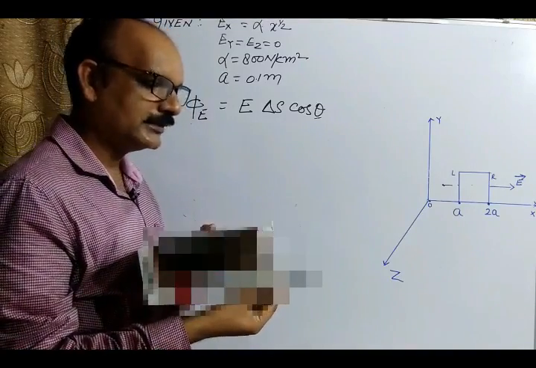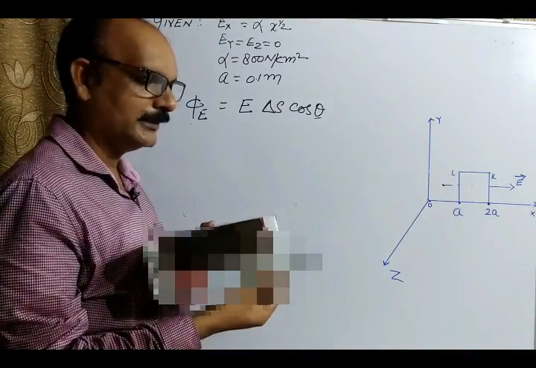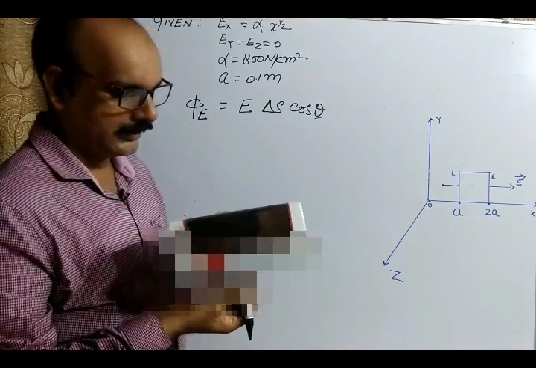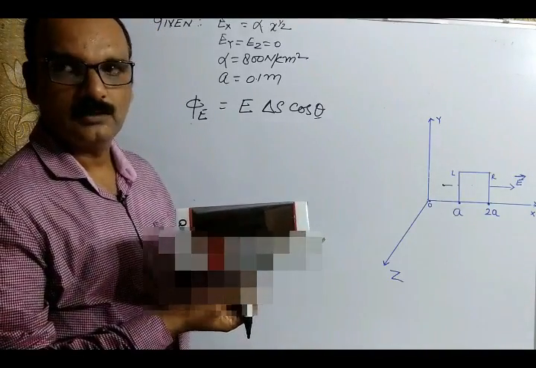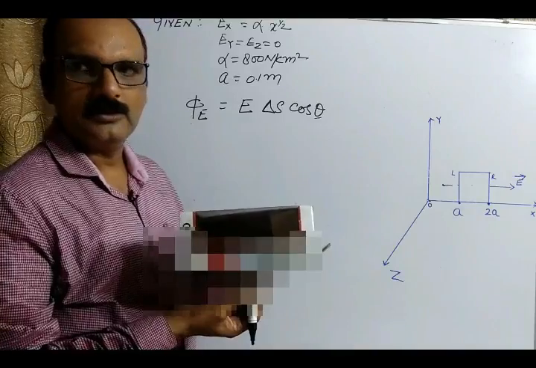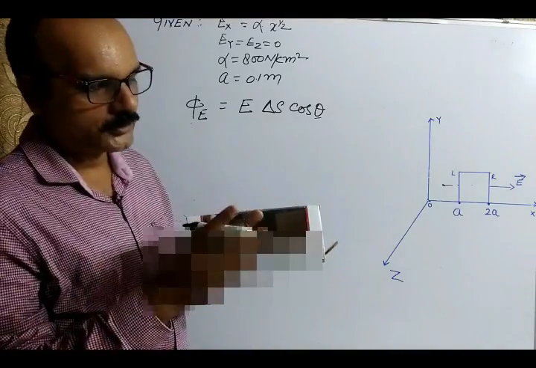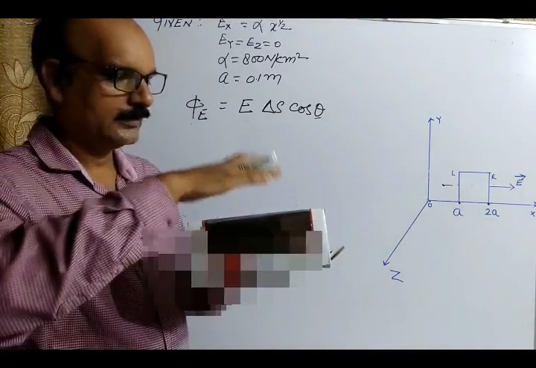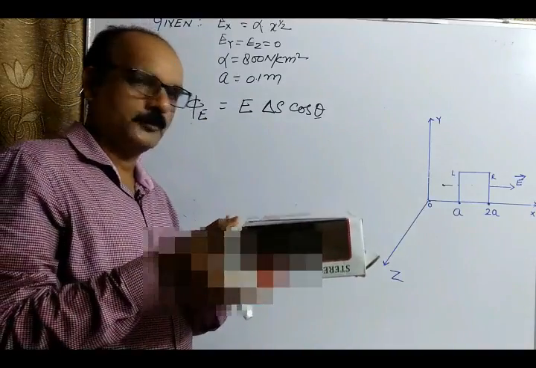For this surface, again, electric field in this direction, area vector in this direction, and theta will be 90 degree, flux will be 0.